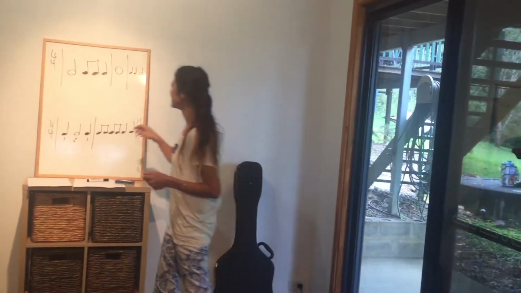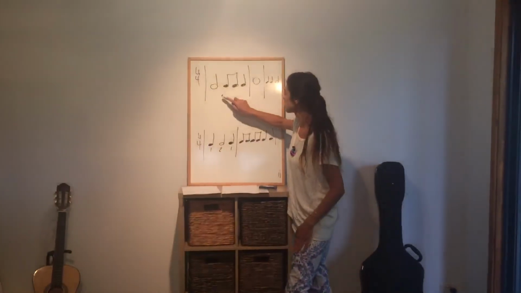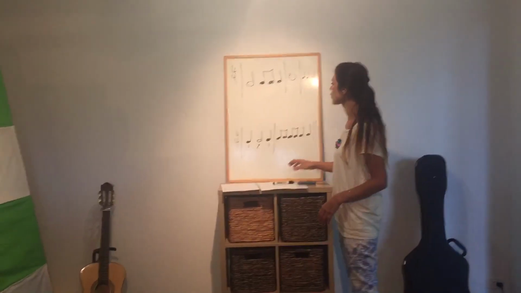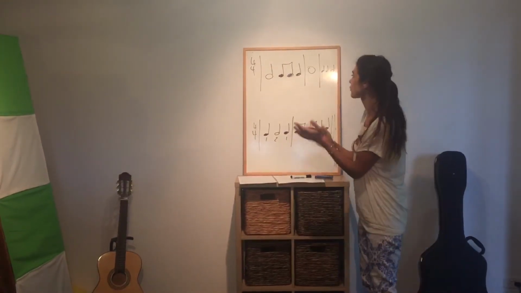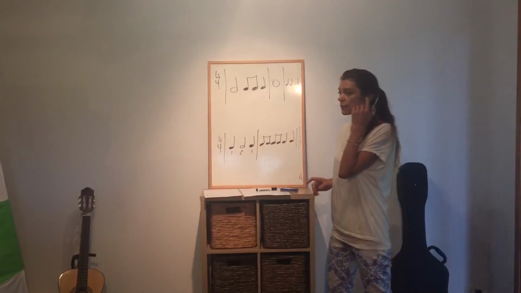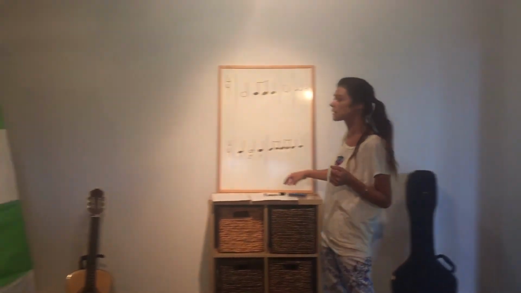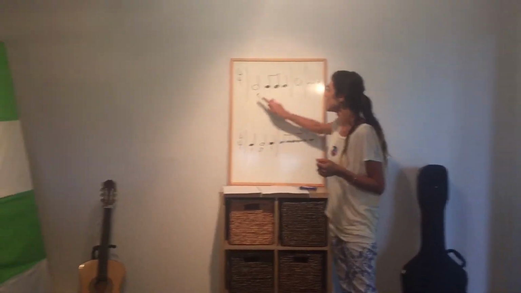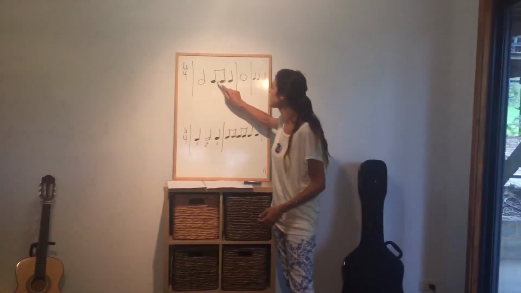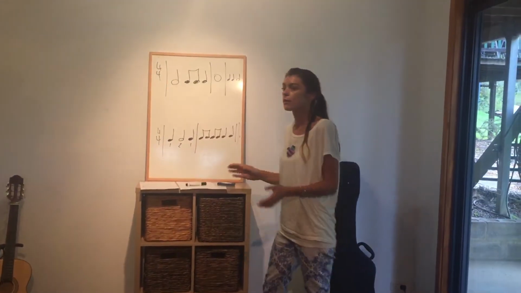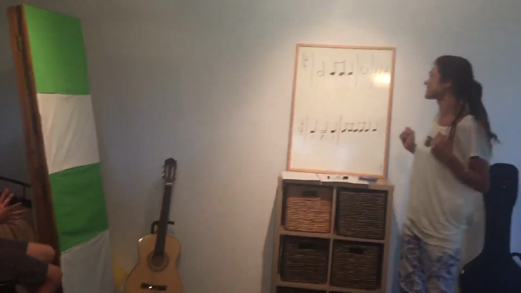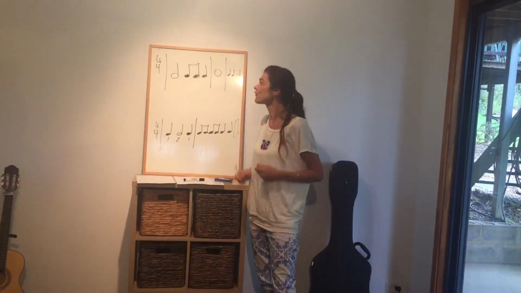All right. So we're going 1, 2, 3, and 4. So that's quite confusing. It can be, but not really. 1, silent, 2, 3, and 4. Oh, sorry. 2, 3, 4.